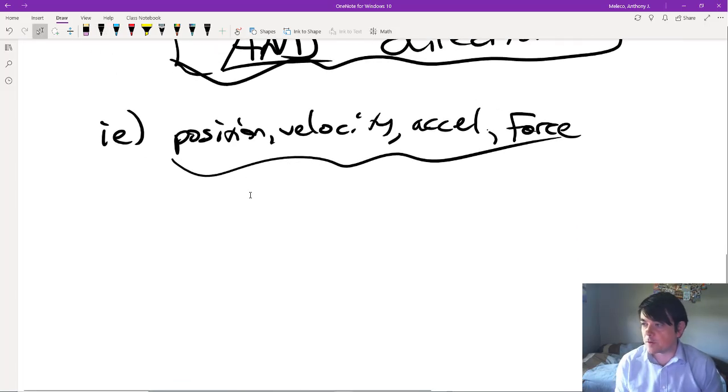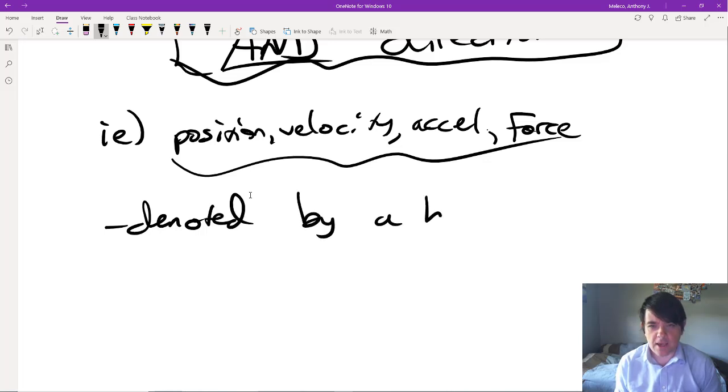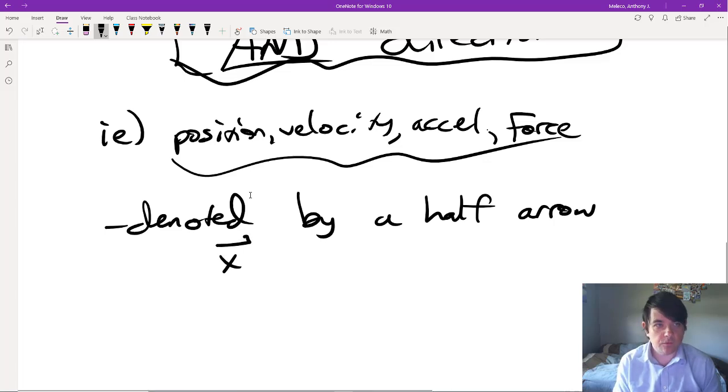We'll be talking about these. These are denoted by a half arrow, so position has a half arrow over it. It's half because it's a pain to do the full one.